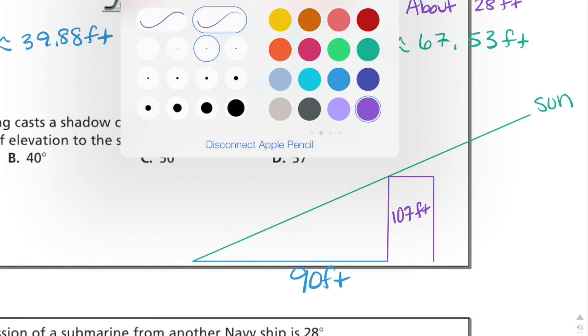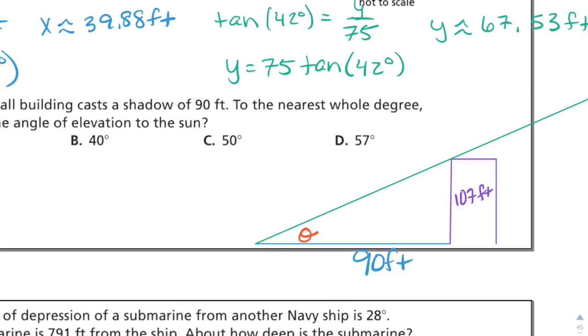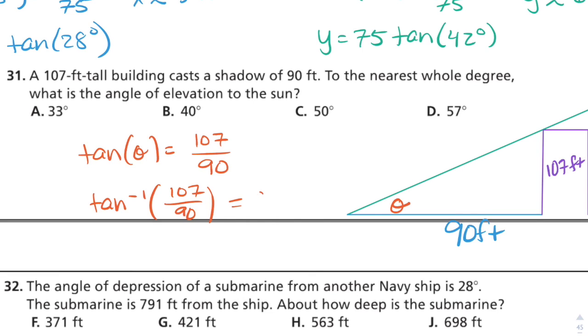And the question is, what's the angle of elevation of the sun? That's this angle right here. So if you're standing on the ground and you're looking up, what angle of elevation is there? So tangent of theta equals 107 over 90, opposite over adjacent. So inverse tan of 107 over 90 is equivalent to theta.